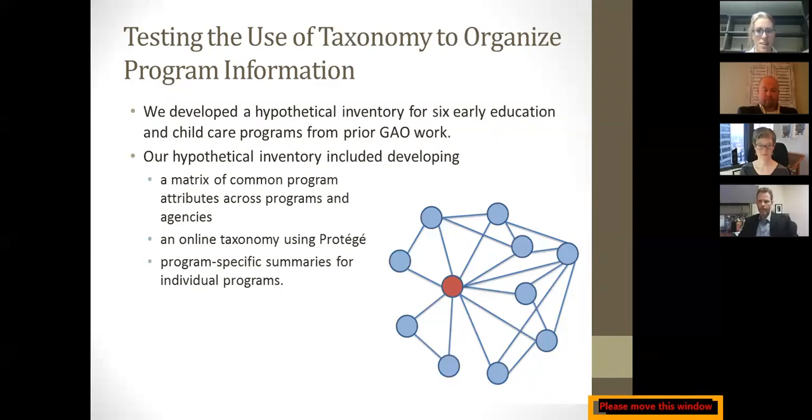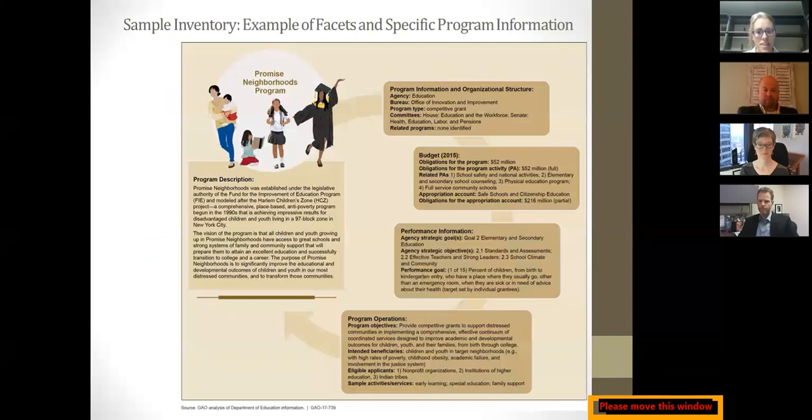And so, Brian, if you can go to the next slide. You can see here, it's a little bit small, but some of the key pieces of information and categories that we identified. So there's a program description category that gives some history and talks about the purpose of the program. There's more structural information, such as what agency is the program in, what type of program is it, what's the community of jurisdiction.